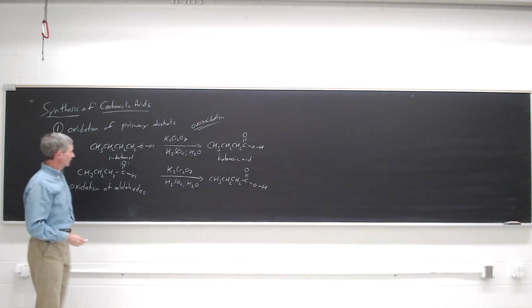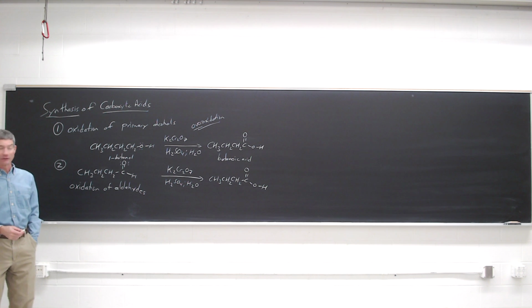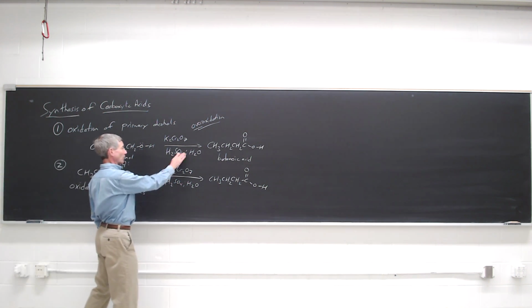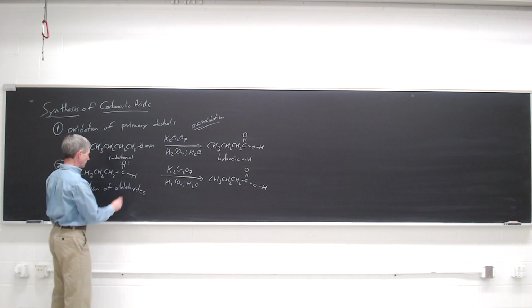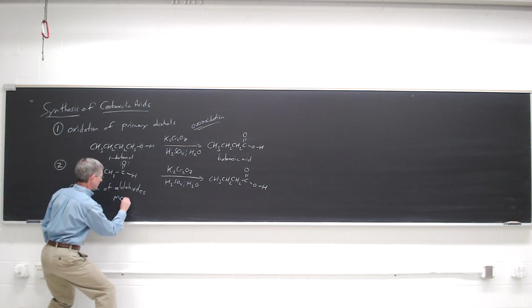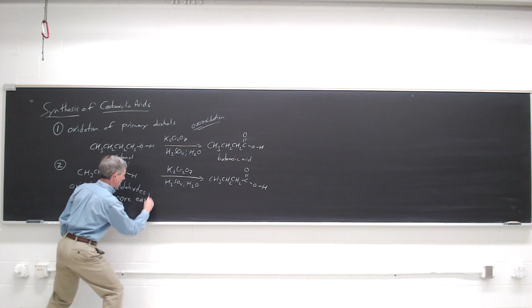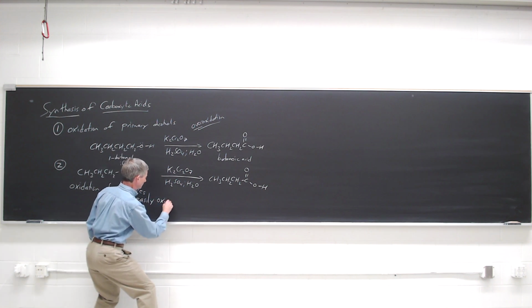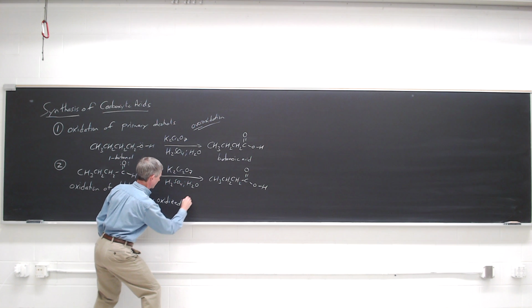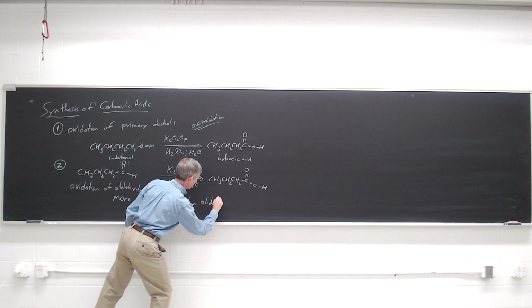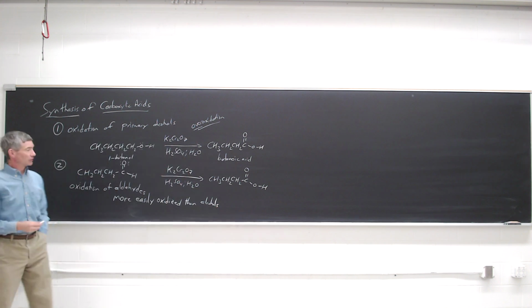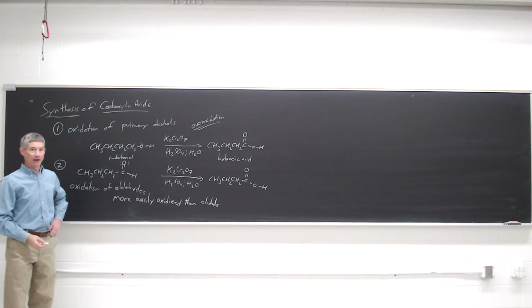Get the same product. In fact, the aldehyde is an intermediate on the way from the primary alcohol to the carboxylic acid, and the aldehyde is more easily oxidized than the alcohol. Which means that in practice it's impossible to stop at the aldehyde stage.